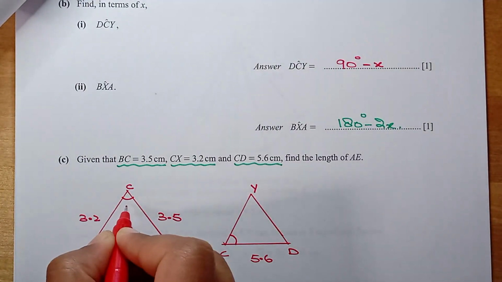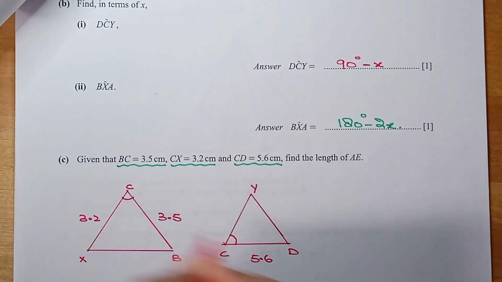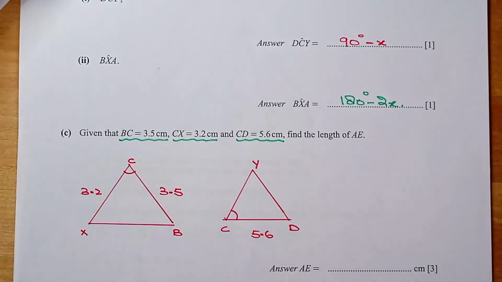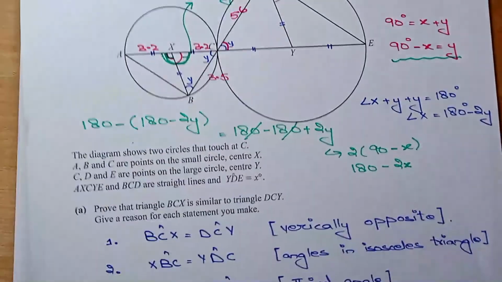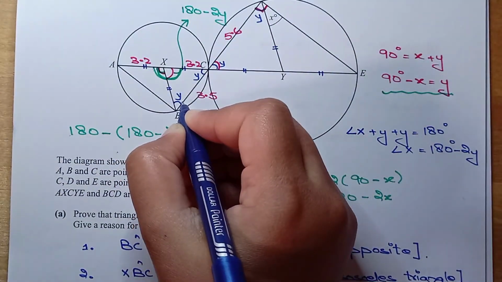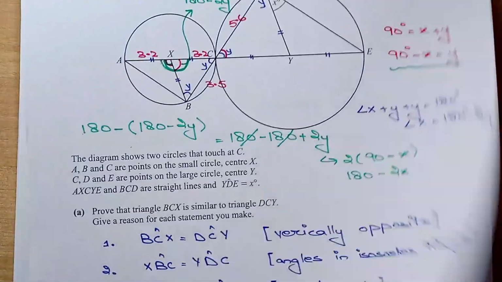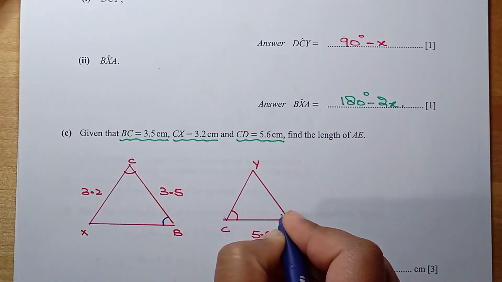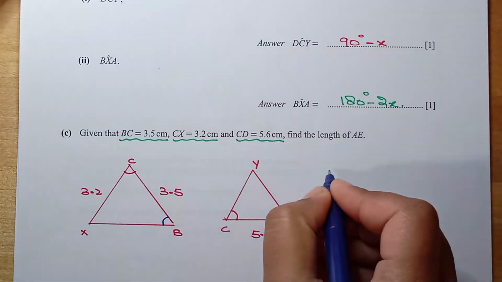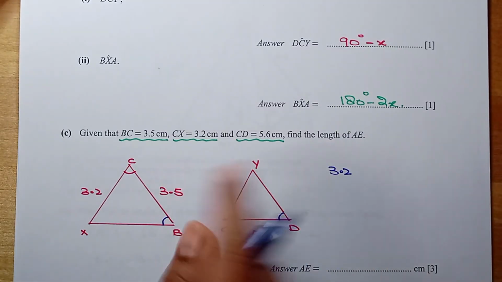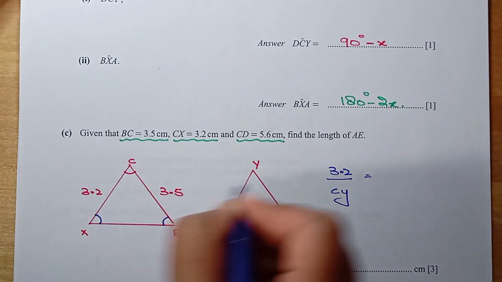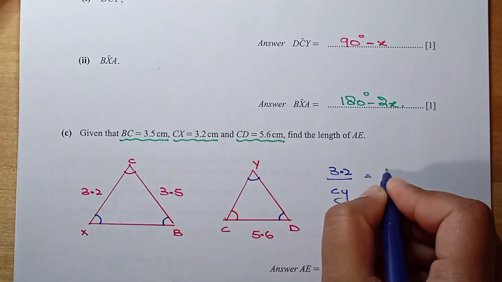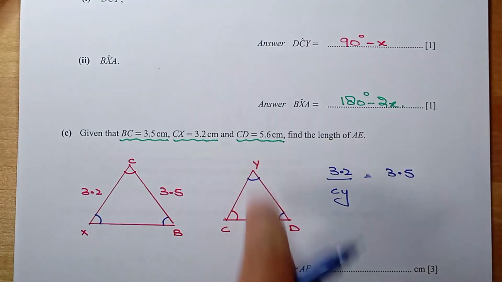Using the similar triangle concept, the side opposite this angle is unknown, so we can't use this one. For the next one, angle B is equivalent to angle D. The side opposite angle B is 3.2, and the side opposite D is CY, which we need to find. And angle X is equivalent to angle Y. The side opposite X is 3.5 and the side opposite Y is 5.6.